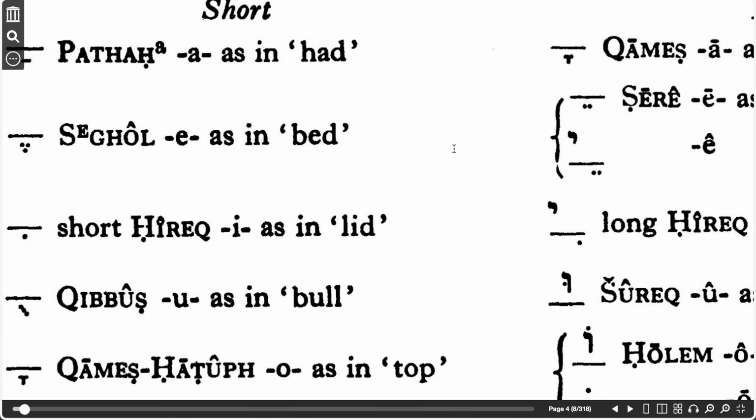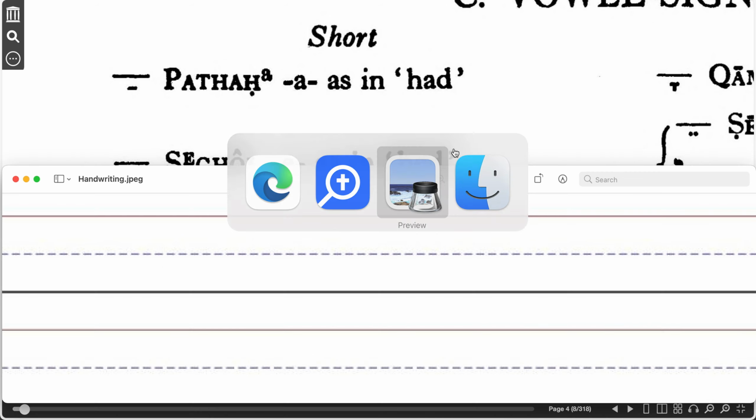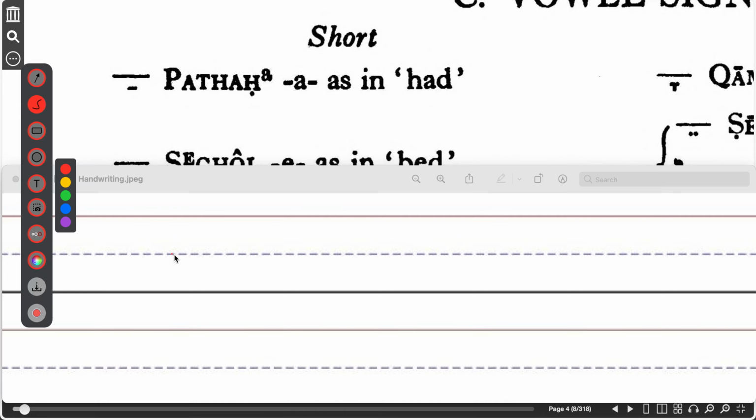For example, let me do it this way. Turn on my screen drawing, and get my pen here and see how this would work. So if I want to draw a letter, I could draw like the bait.